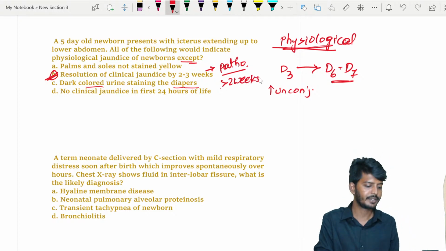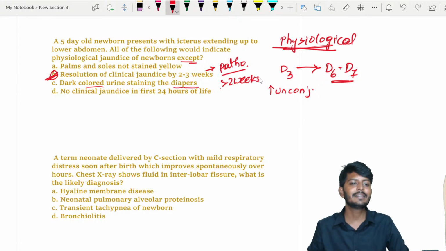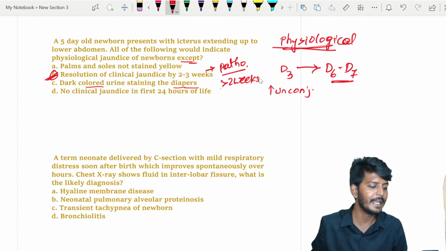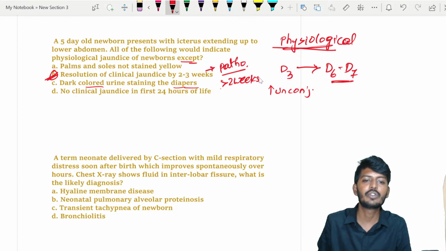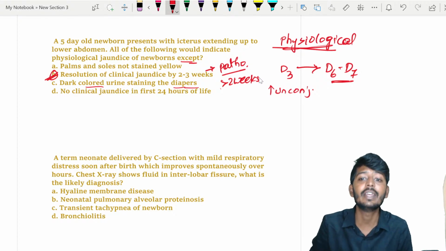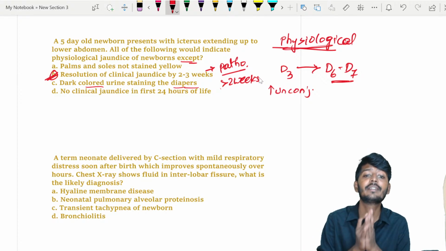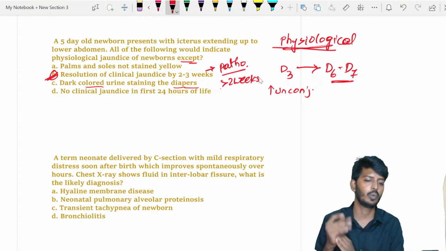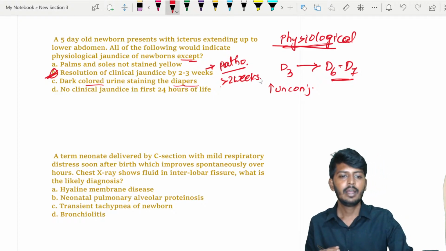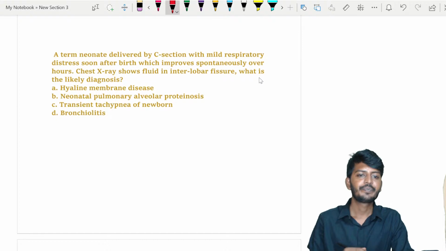So the answer is B. Don't get confused. For this, the answer is B. Resolution of clinical jaundice by 2 to 3 weeks. If it persists for 2 to 3 weeks, it is pathological jaundice, which persists more than 2 weeks. Okay, let's move ahead quickly.